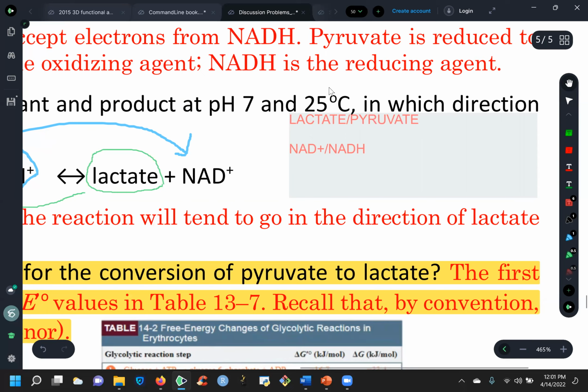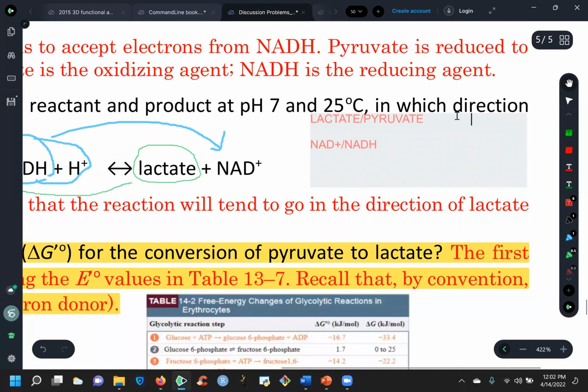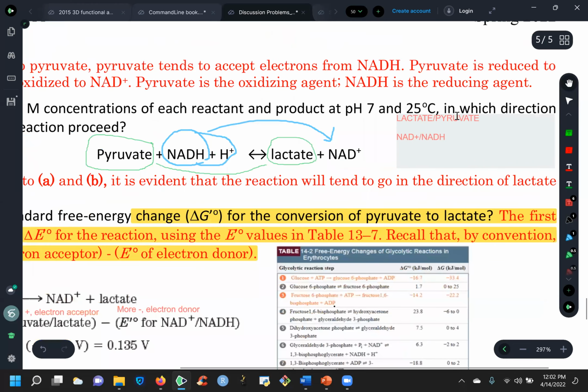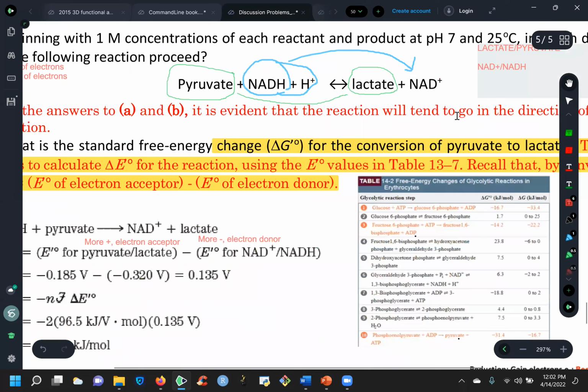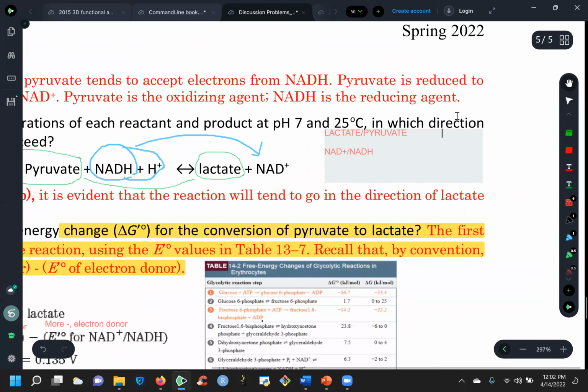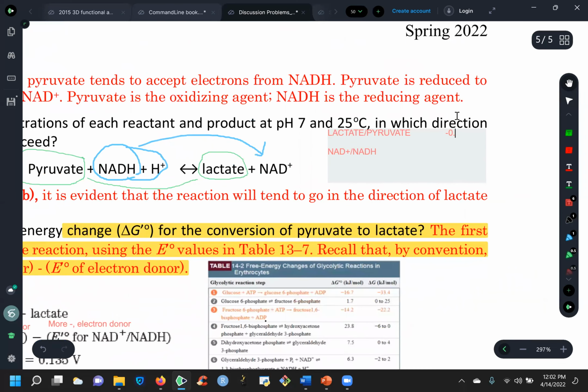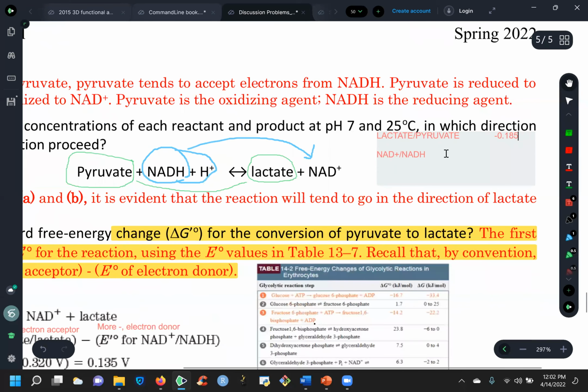Okay, so they'll give you all the different redox pairs in a table. And then on the right-hand side, they'll have the standard reduction potential value. Okay, so for lactate, it's minus 0.185. And for NADH, it's minus 0.320.